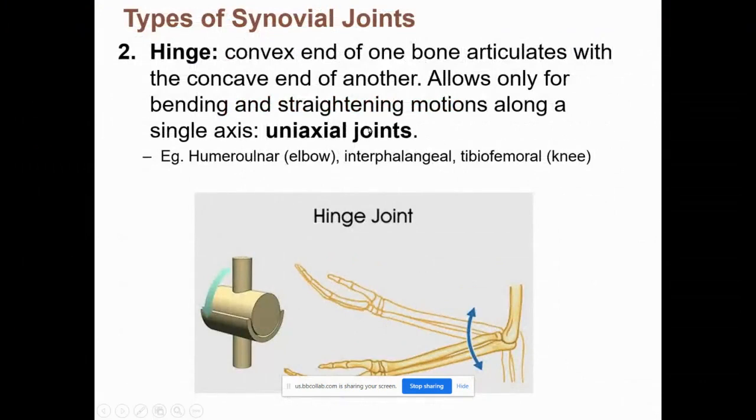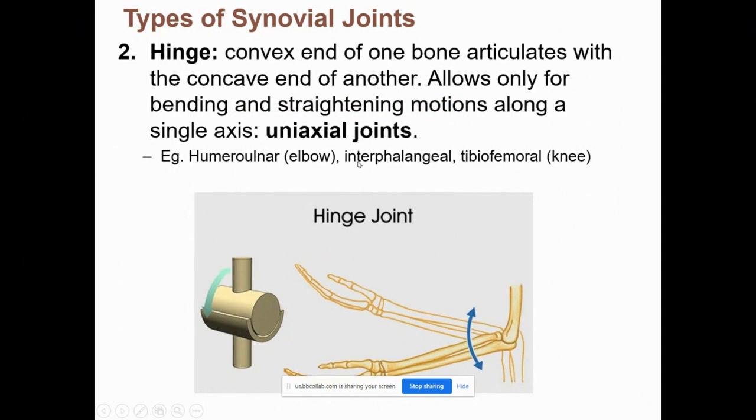A hinge joint just uses the sagittal plane, right? So you can bend the joint like you see with the elbow right here and then straighten it. So that's the only possibility at that joint where the humerus meets the ulna, right? So that is called the humeral-ulnar joint, which is your elbow. Your knee is also a hinge, tibiofemoral joint, which we should know from lab, right, is the knee.